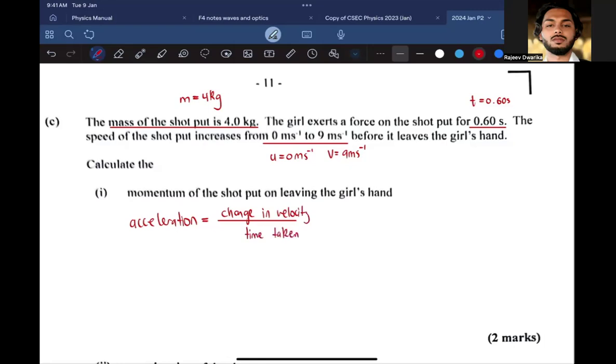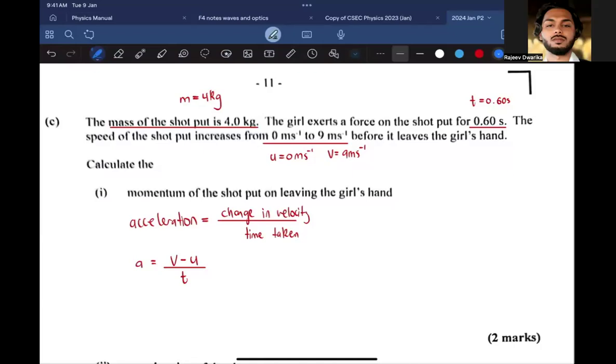That is all. Acceleration is a change in velocity over the time. And if we write the formula for that, it's the final velocity, v, minus the initial velocity, u, all over the time.